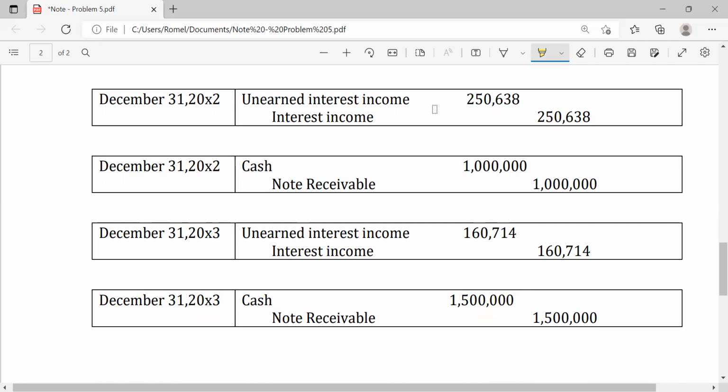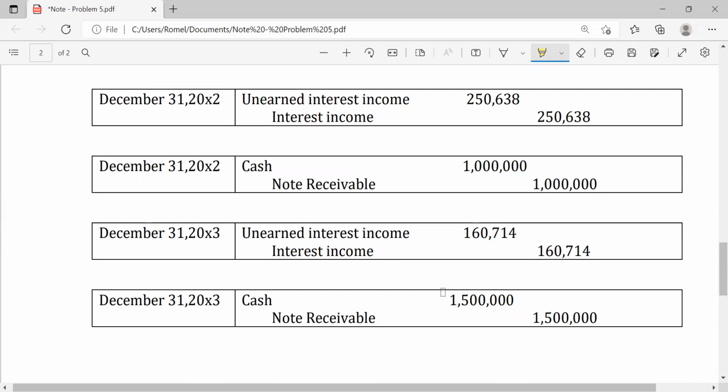Credit interest income, 250,638. And then, on December 31, 20X2, we will be collecting the second installment. So that's why we will debit cash, because we will receive cash worth 1 million pesos. Credit note receivable, 1 million pesos.